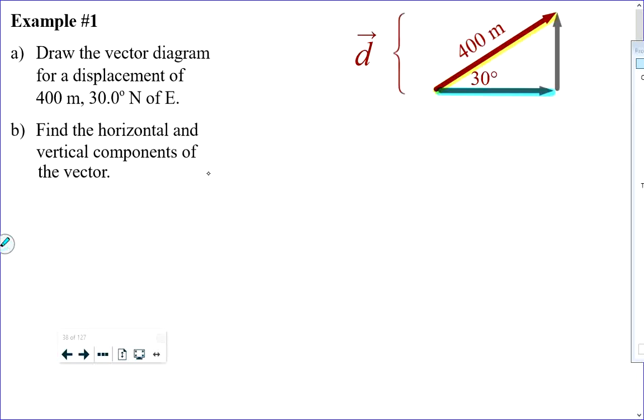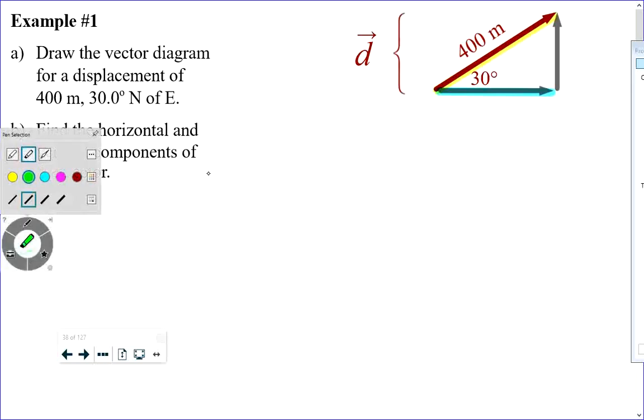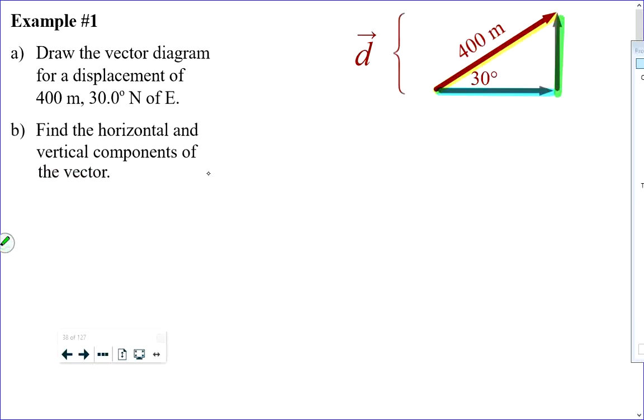And what I've got highlighted in green, what I'm going to put in green, is the vertical thing. And where we're going with this is, if we know the blue and the green, then walking east the blue amount and then north the green amount is the same as walking 400 meters in that direction.